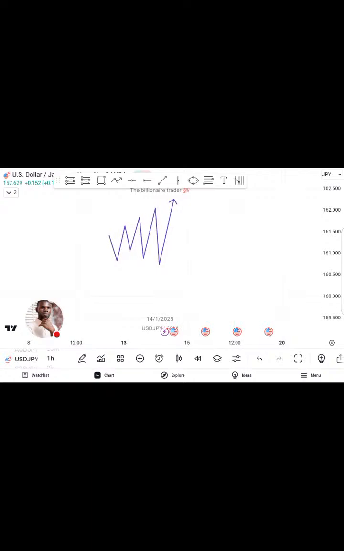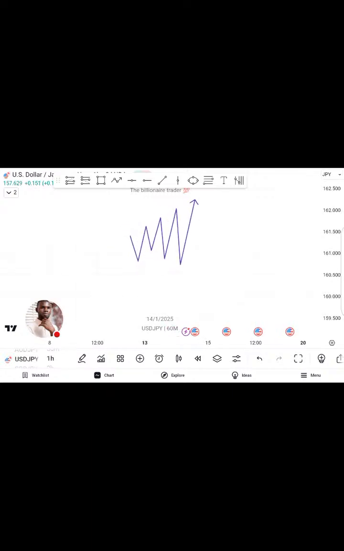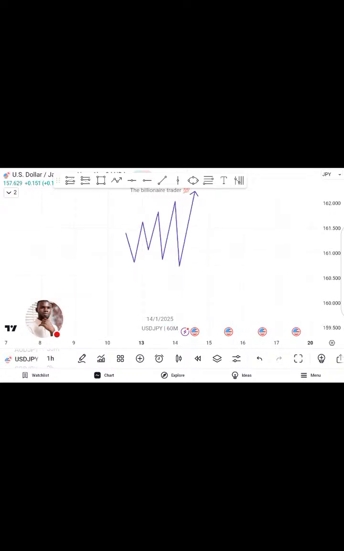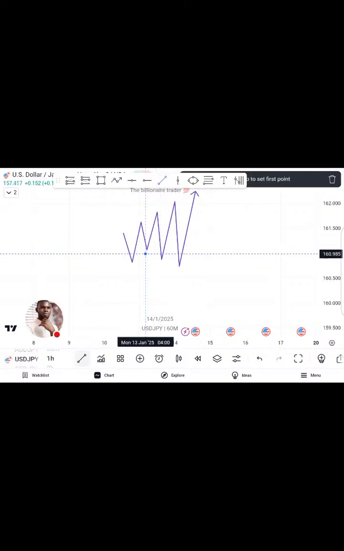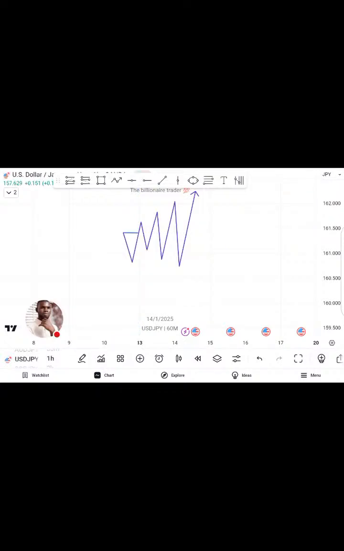So I'm going to explain. We have price breaking highs, and it also breaks this as well. Then we have a change of character.